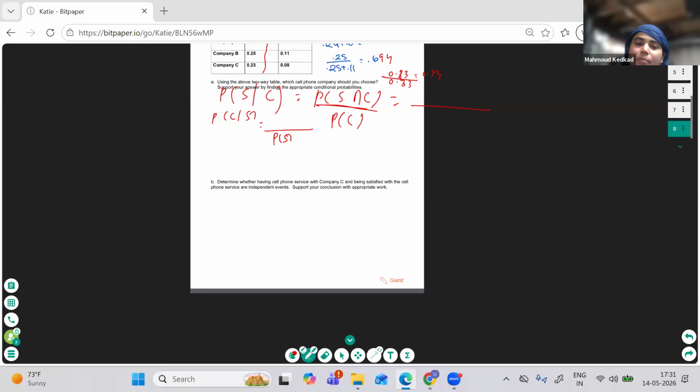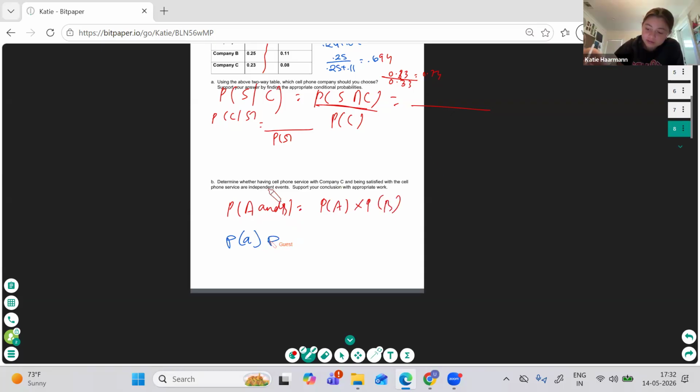If I say A and B are two independent events, what can you tell me about the probability? P of A and B equals PA times PB if they're independent. Okay, so you need to check P of S and C. Is it the same as the probability of S times the probability of C? If they're equal, then they're independent. If not, they're not independent.